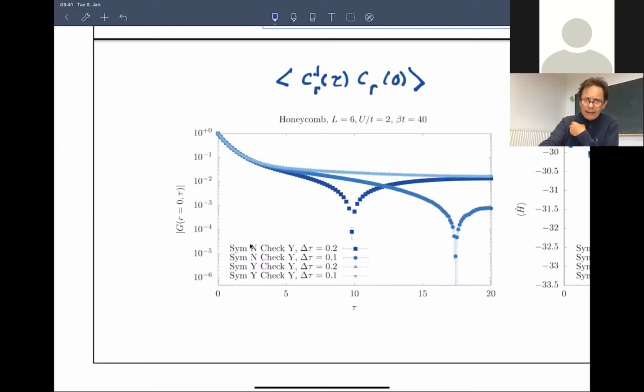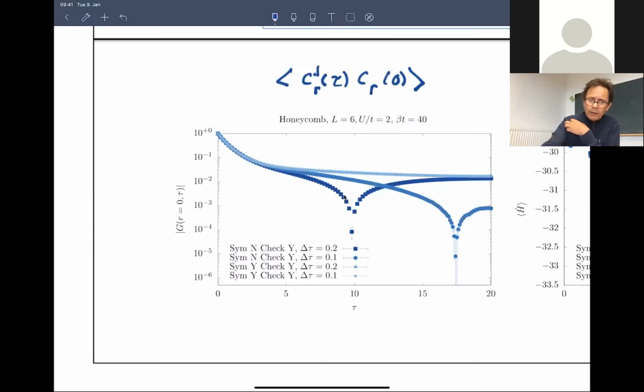If sim is n, then we use the asymmetric Trotter decomposition. And you will see that this is for the asymmetric Trotter decomposition. What happens is that I get a zero in this quantity. This quantity has to be positive definite if my Hamiltonian is Hermitian, and you see some zeros which pop in. If you go to smaller values of delta tau, then these zeros are pushed off to lower scales, but they're still present.